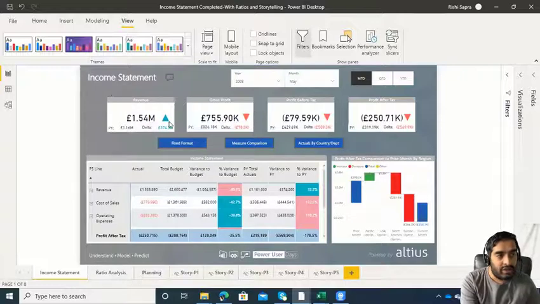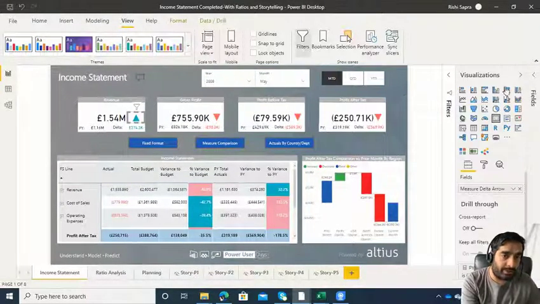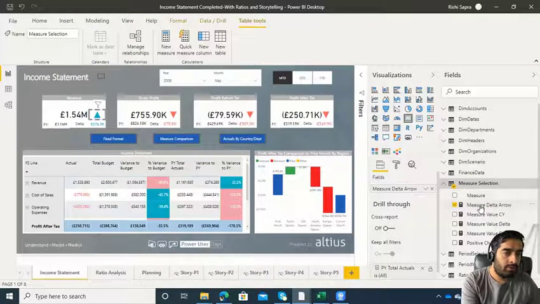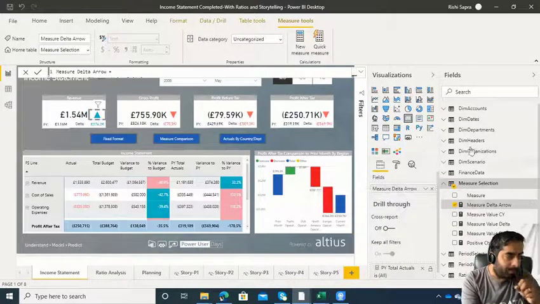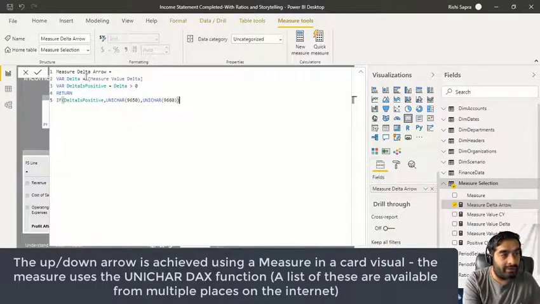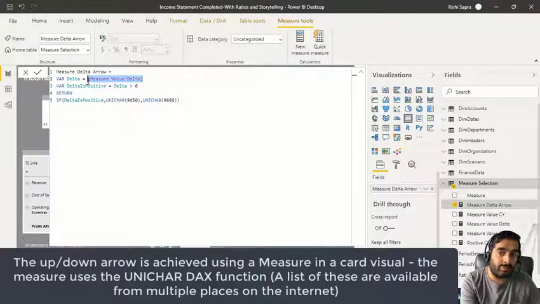But for these arrows, these are just card visuals, so they're all just card visuals on here. And the arrow is from measure delta arrow. So we have the delta, and I've done these measures dynamically with a disconnected table, so it's a similar pattern to what we saw in the previous tips.